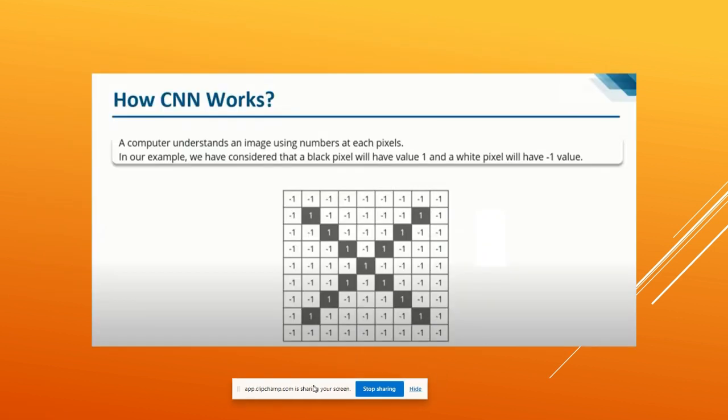Okay, so this is not magic. We have to train the model in such a way that it will recognize if it is X or it is O. You can see here a computer understands an image using numbers at each pixel. In the X, you can see all are positive ones. The number one is there, and the space where it is empty, the pixel there is -1. So the black pixel is value 1 and the white pixel has value -1.